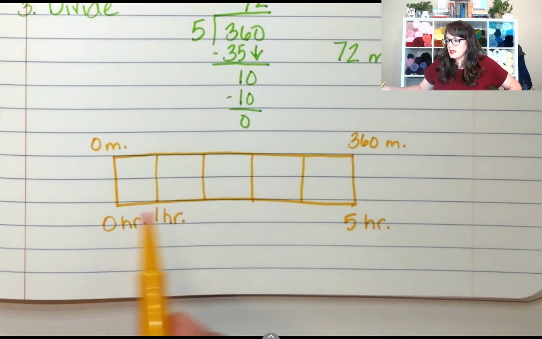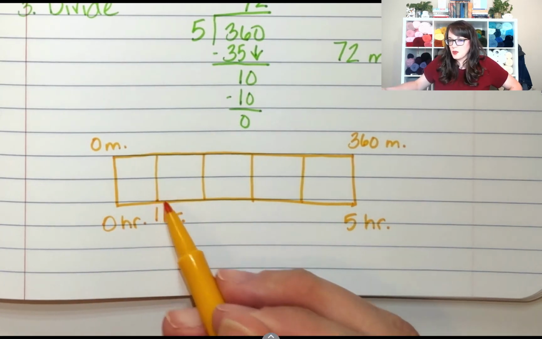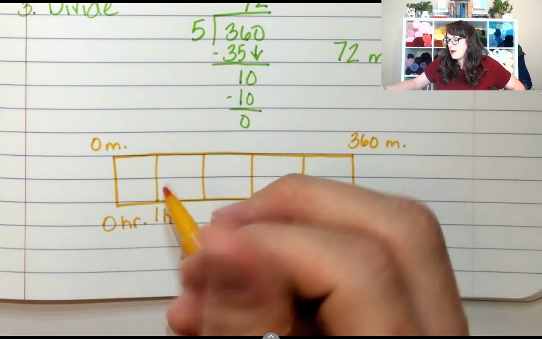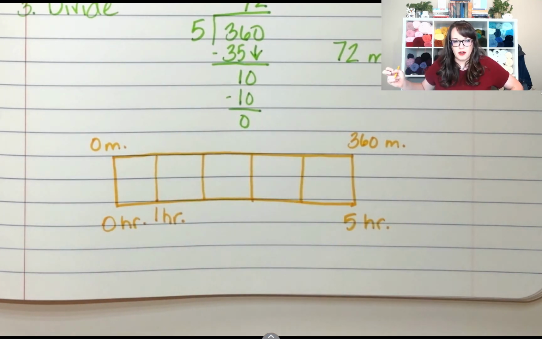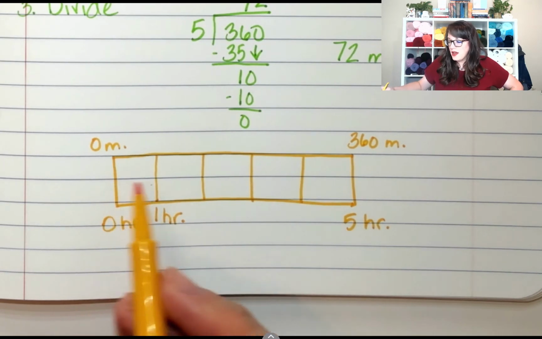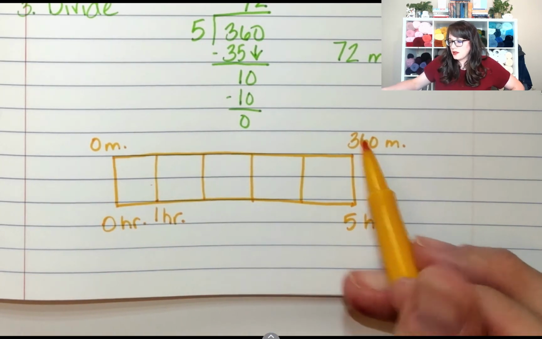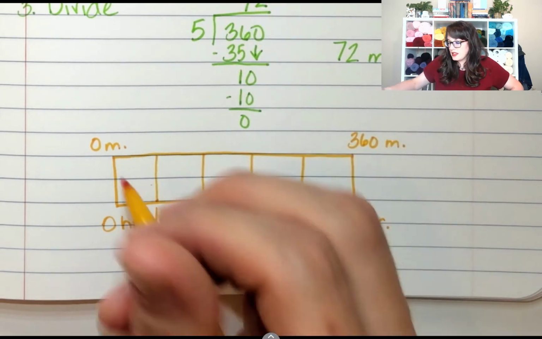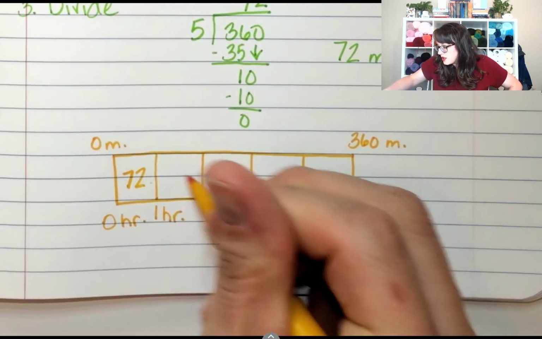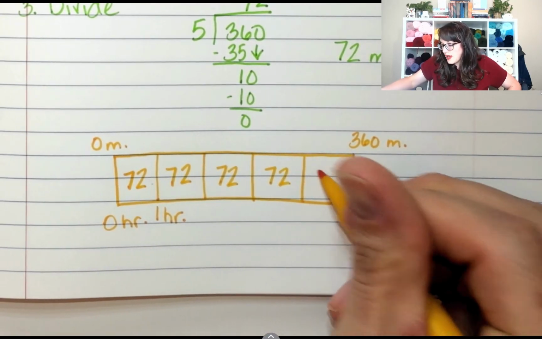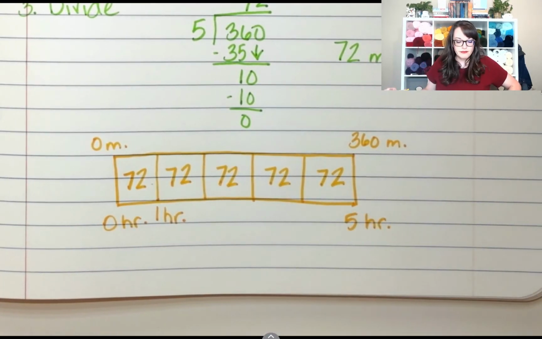And so if I split this into 5 chunks, this is 1 hour, this would be 2 hours, 3 hours, 4 hours, 5 hours. How much is 1 chunk in miles? How far can I travel in 1 hour? Well, 360 divided by 5 was 72. So each chunk, each hour is 72. So that's a visual way you can look at it.